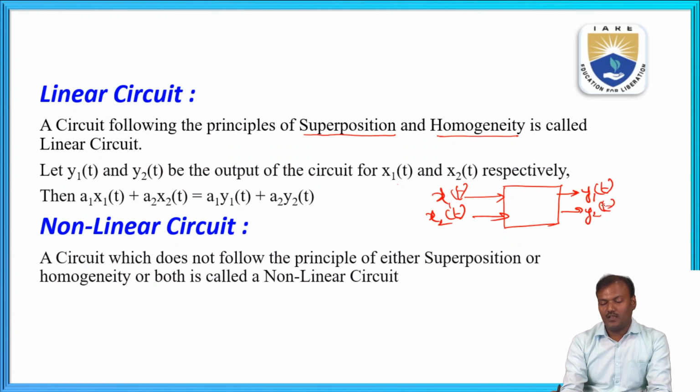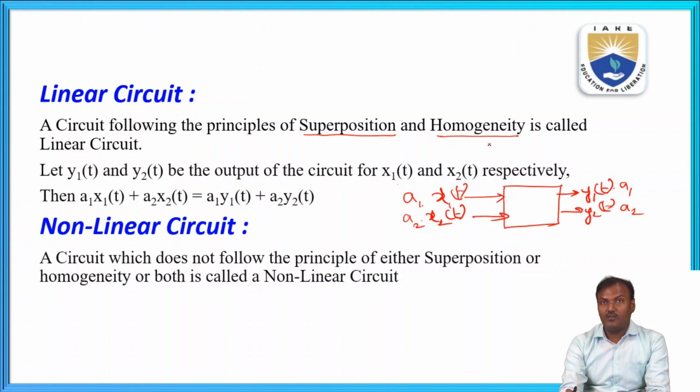If the inputs are changed to a1 times x1 of t and a2 times x2 of t, then the output is also changed accordingly, that is a1 into y1 of t and a2 into y2 of t. That is the principle of superposition and homogeneity.